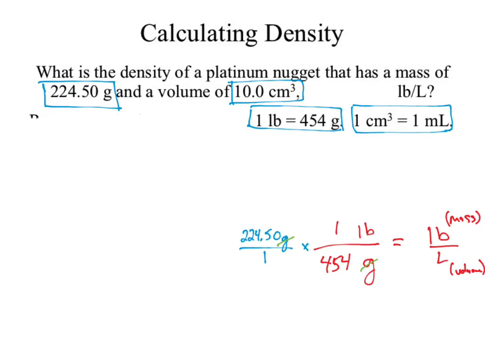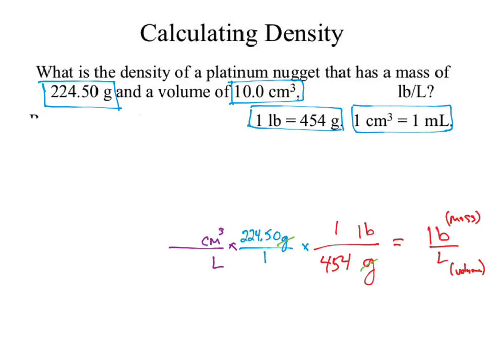Why not? You still need liters. I still need liters. Where do I need the liters to show up? Denominator. So in this next step, where do I want to place the liters? In the denominator. Am I given liters in the question? I'm not. So now we might have to rely on Madison's point that centimeters cubed is a measure of volume, right? Do I know centimeters cubed to liters?